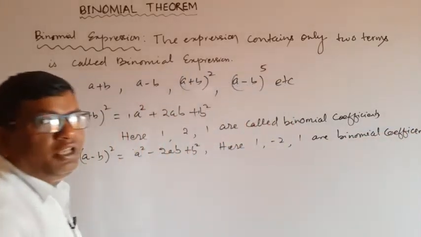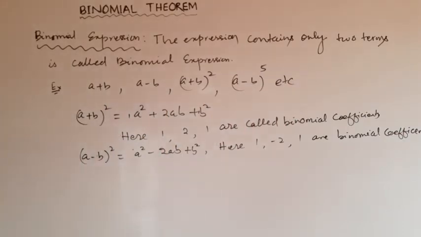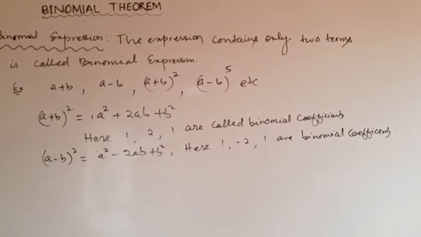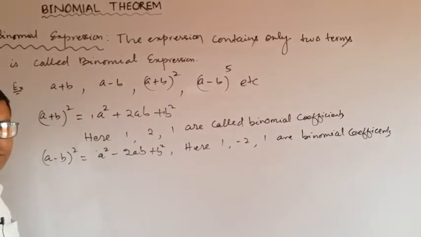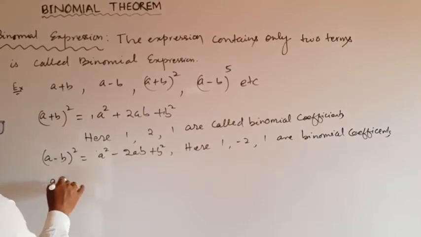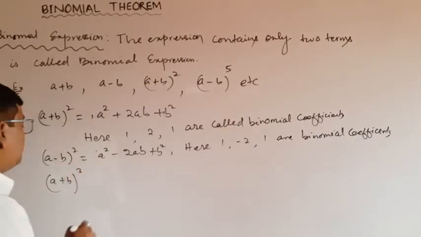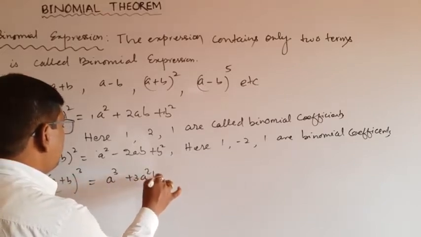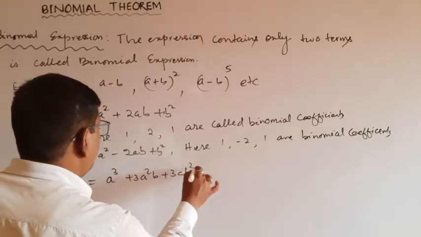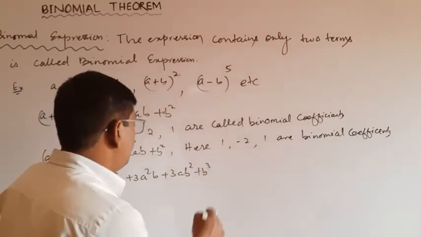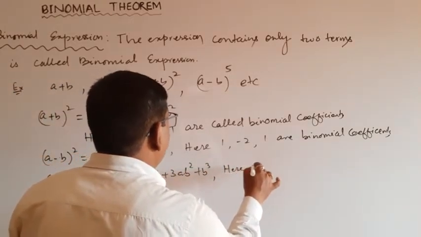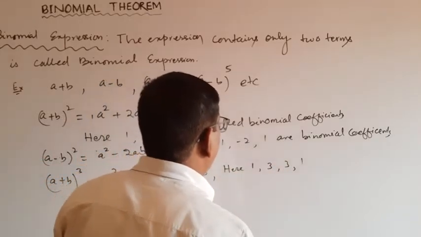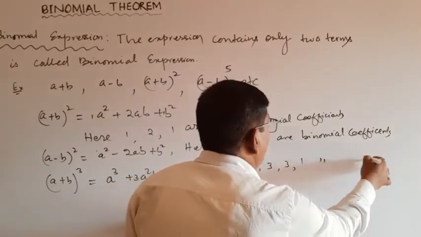Now (a plus b) whole cube is a cube plus 3a square b plus 3ab square plus b cube. Here 1, 3, 3, 1 are called binomial coefficients.